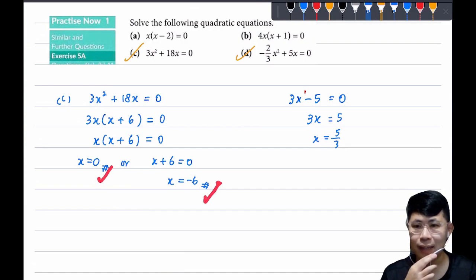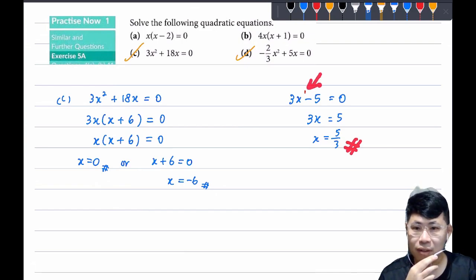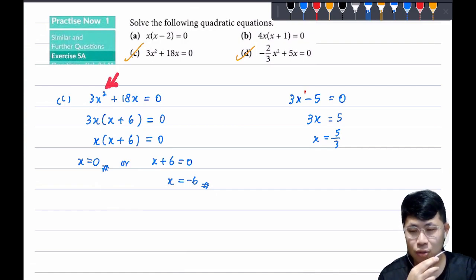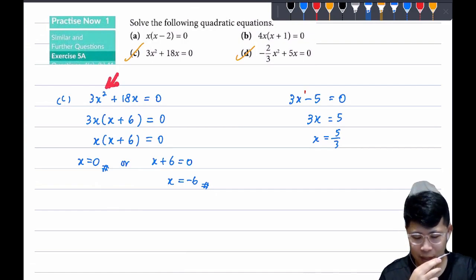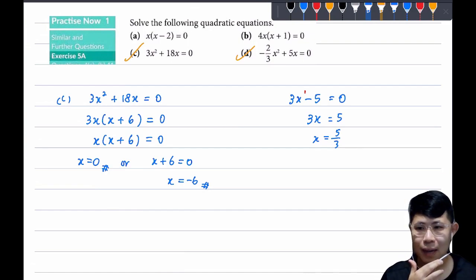So for power 2, we expect 2 solutions. You can think already, for a power 3 equation, how many solutions do you expect? It will be up to 3 solutions, and so on.